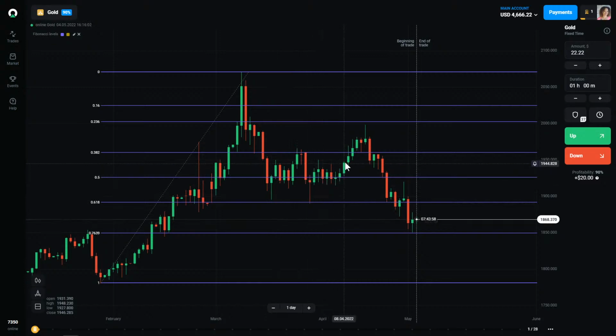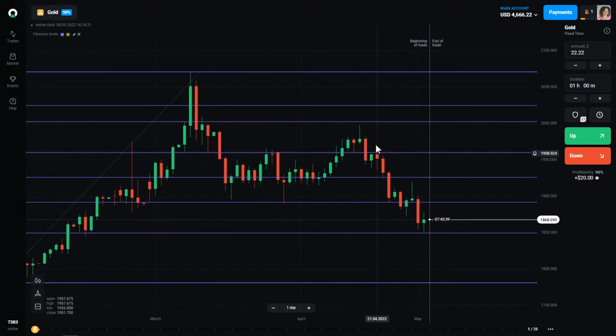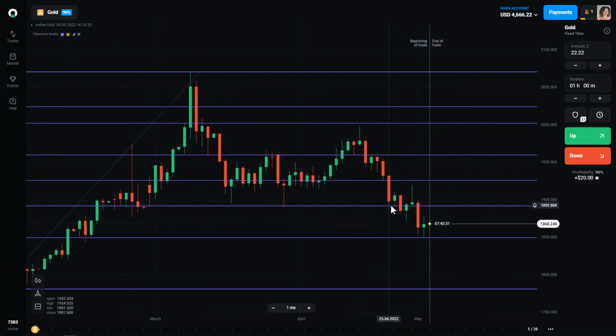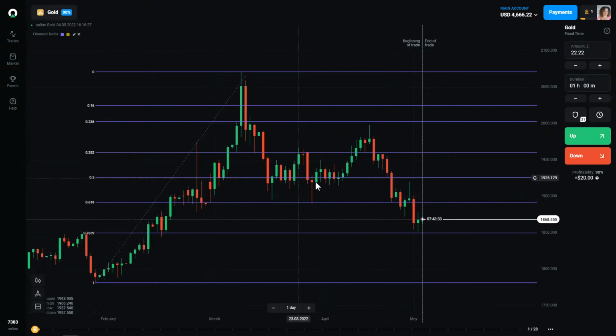Then we had a mini uptrend. See, it broke the 38.2% level, reached the 23.6 level as a level of resistance. Here it used the 38.2% level as support, and then it broke down. Look, 50% level again as a level of support, broke down, used this level, the 61.8% level, and now it has broken the 61.8% Fibo level as well.